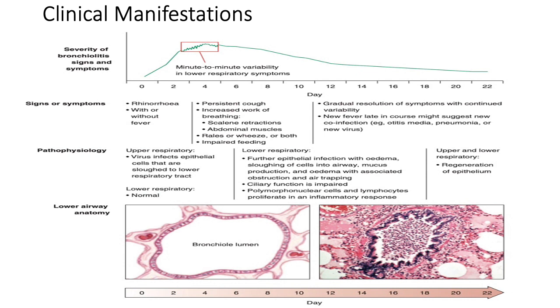Within 2-3 days, the breathing becomes fast and respiratory distress develops. Depending upon the severity of disease, the child may manifest lower chest indrawing, intercostal indrawing, or suprasternal indrawing.